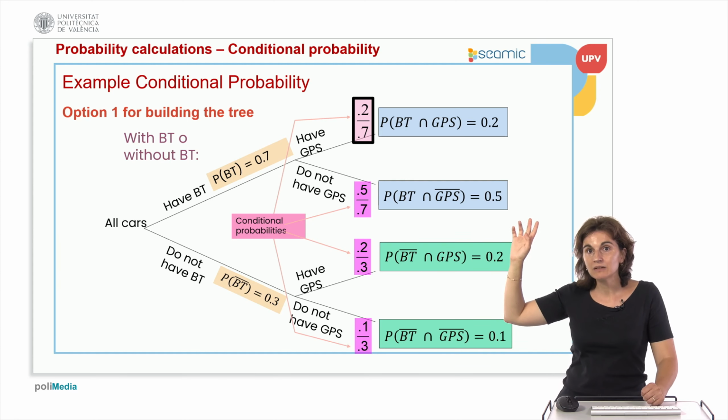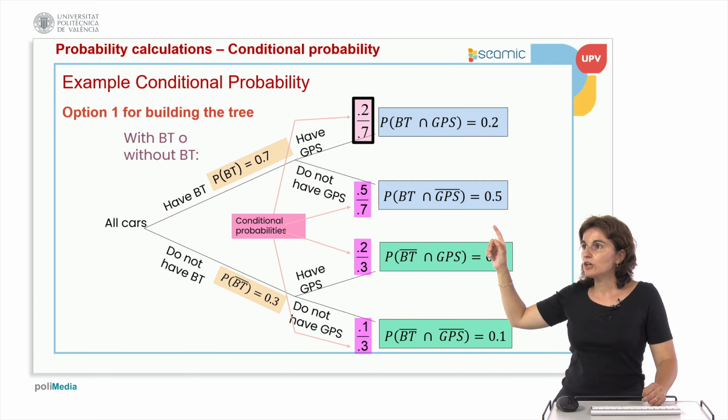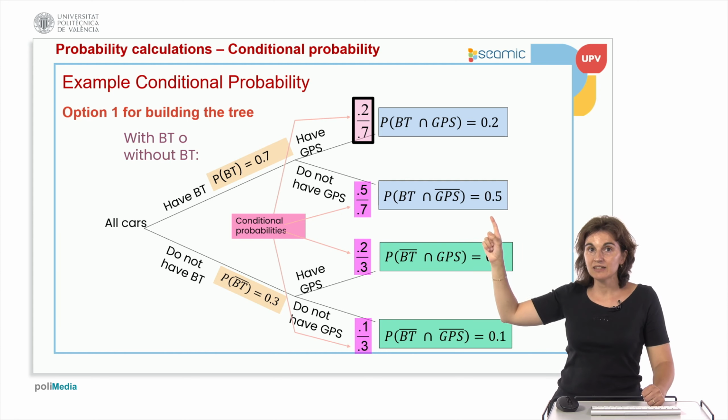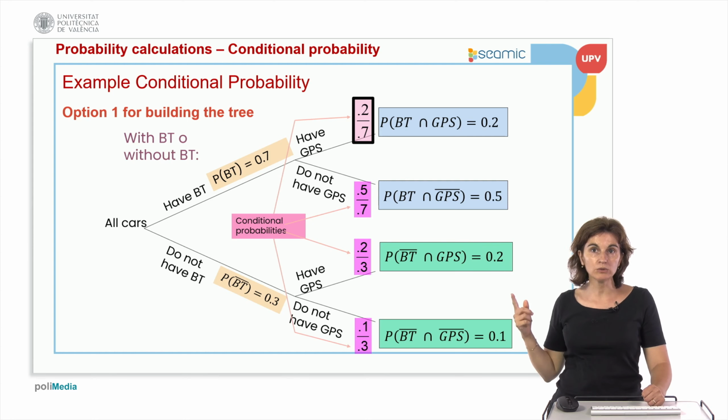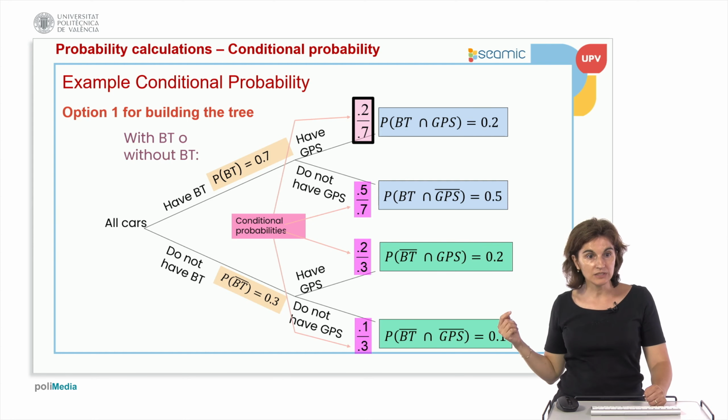So what does it mean? It means that the conditional probability of not GPS, given that the car has Bluetooth, and that's the rectangle in purple, as you can see here, should be 0.5 over 0.7. Why? Because it's 1 minus 0.2 over 0.7.